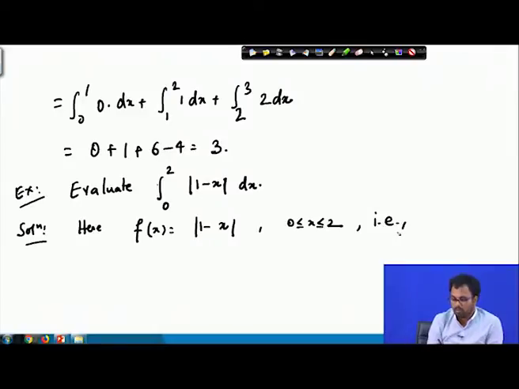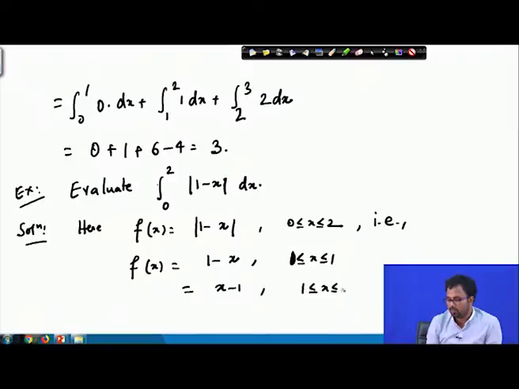In other words, f(x) is 1 minus x for 0 less or equal to x less or equal to 1, and it is x minus 1 for 1 less or equal to x less or equal to 2, because the mod function is sort of like a positive function. If x is between 0 and 1, the mod function remains as 1 minus x, and if x is between 1 and 2, then mod of 1 minus x will be written as x minus 1, just to keep the value positive, or absolute in a way.